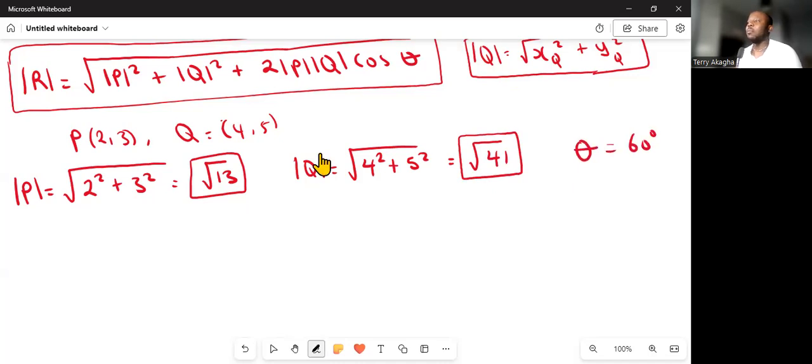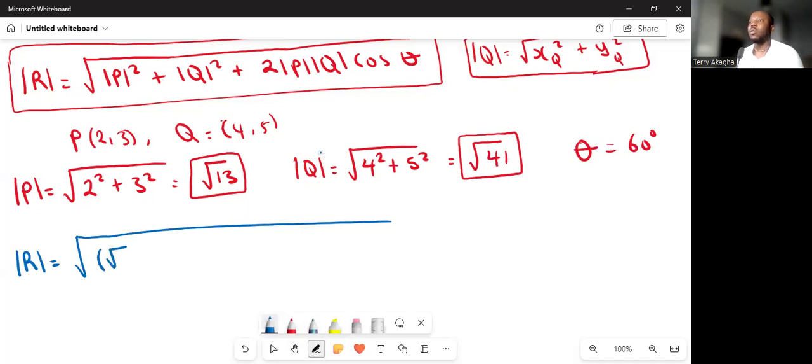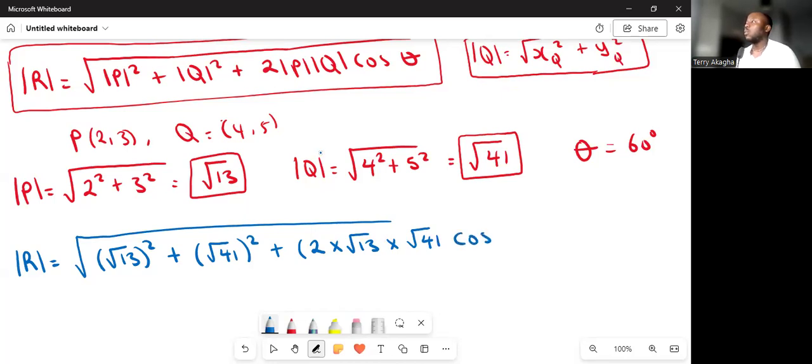Also, we know theta from the question to be equal to 60 degrees. So then we can find the magnitude of R now. The magnitude of R is going to be equal to the square root of the magnitude of P, which is square root of 13 squared, plus the magnitude of Q, which is square root of 41 squared, plus 2 times the magnitude of P, which is square root of 13, times Q, which is square root of 41, cos theta, which is 60 degrees.